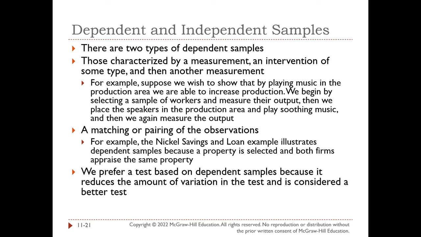Then we place a speaker in the production area and play soothing music, and then we again measure the output. Same workers. It's all dependent on those workers. A matching or pairing of the observations, again, is our Nickel Savings example. We prefer a test based on dependent samples because it reduces the amount of variation. Again, it makes a better test.